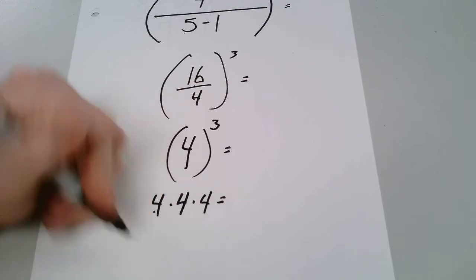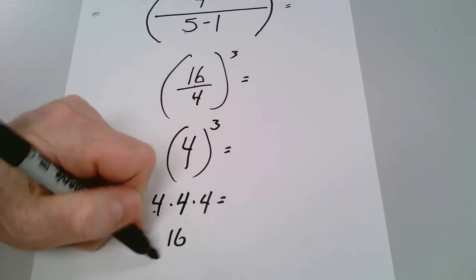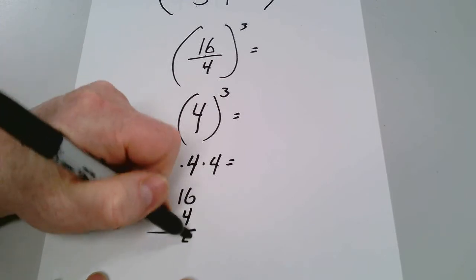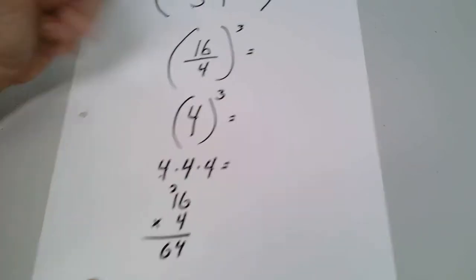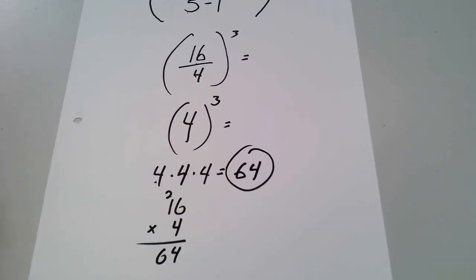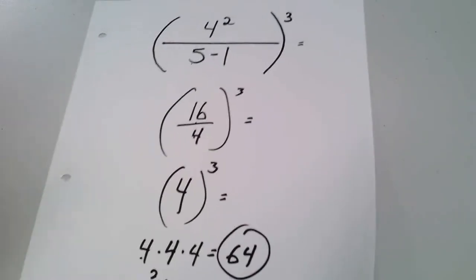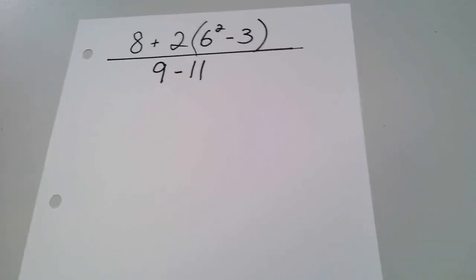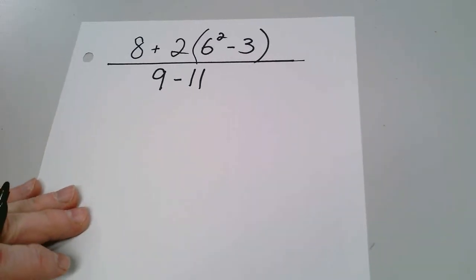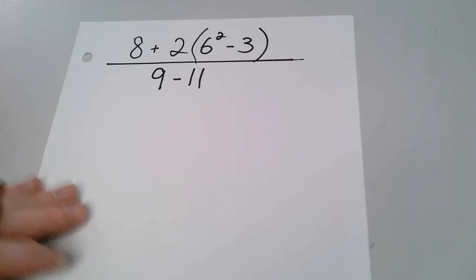So 4 times 4 is 16, and 16 times 4, just do that. So we got 64 as our answer. Let's do one more. It's probably the most sophisticated out of the ones that we've done. So let's have a look at it.